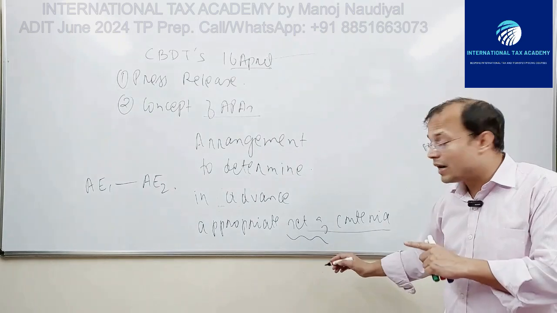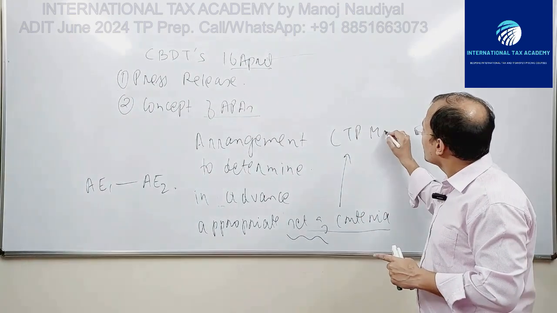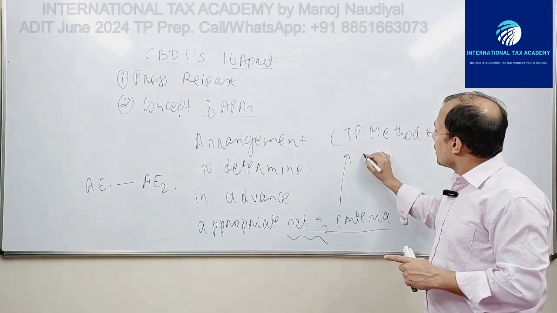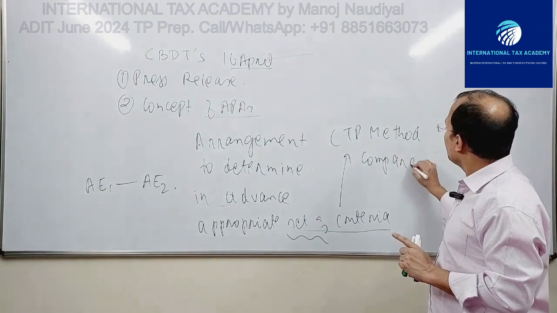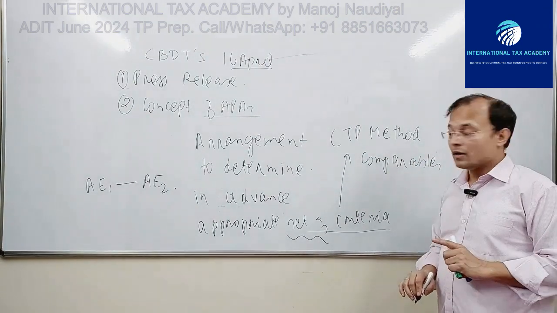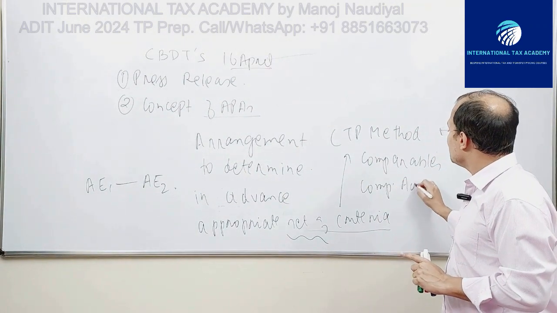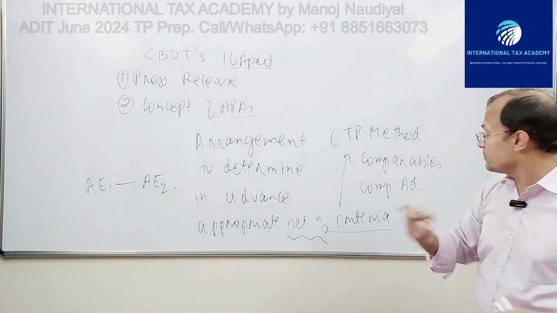This appropriate set of criteria will consist of the TP methods, appropriate set of comparables, comparability adjustments, as well as critical assumptions regarding the future events.